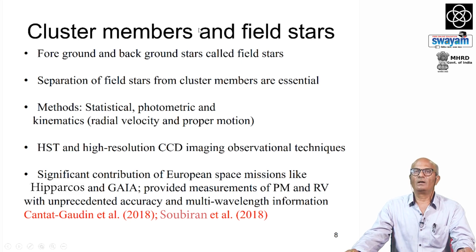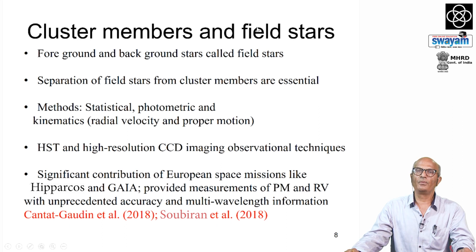In fact, this slide I will say is very important, because as I mentioned earlier, a star cluster is located in a galaxy at a certain distance. Let us say it is about 3 kiloparsec. Then we have stars which are lying in front of it, which we call foreground stars, and also there are stars which are lying behind it, which we call field stars.